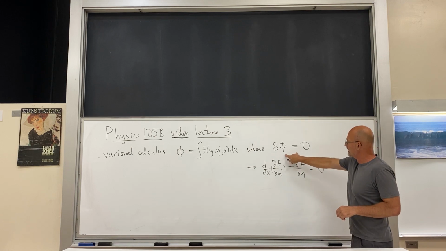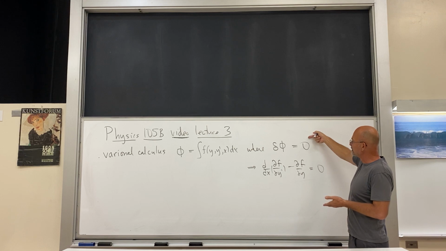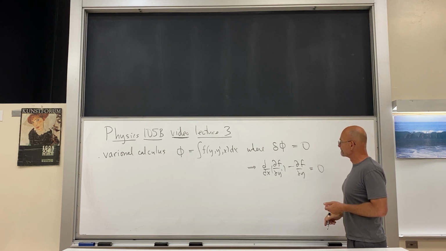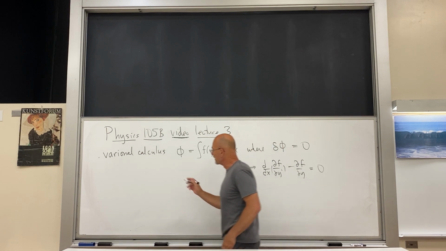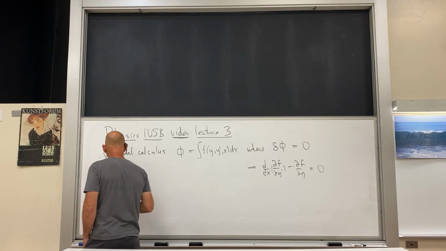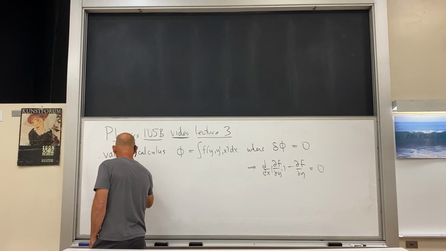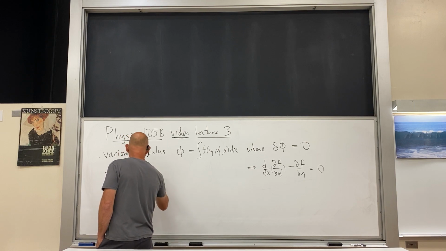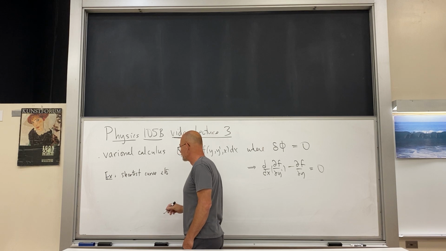So this represents the minimization of this object here. Good. So the example we had was the shortest curve connecting 2 points in the plane.